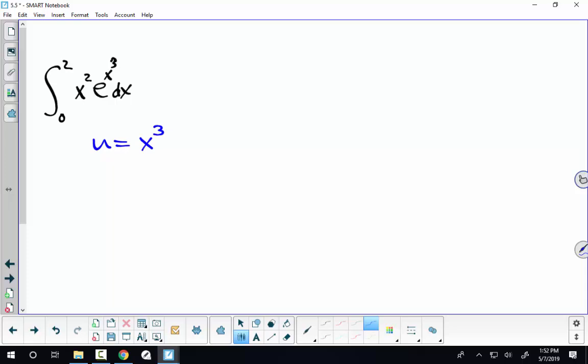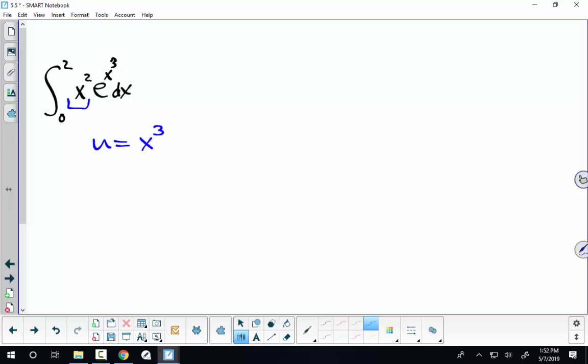Remember the classic setup when using U-substitution is that you have the product of two functions, but not only do you have the product, one of the factors is actually a variation of the derivative of the other factor. So if we know that the x cubed's derivative is 3x squared, that's giving us a clear indication as to why we should let u be x cubed, because a constant times its derivative is sitting right there.